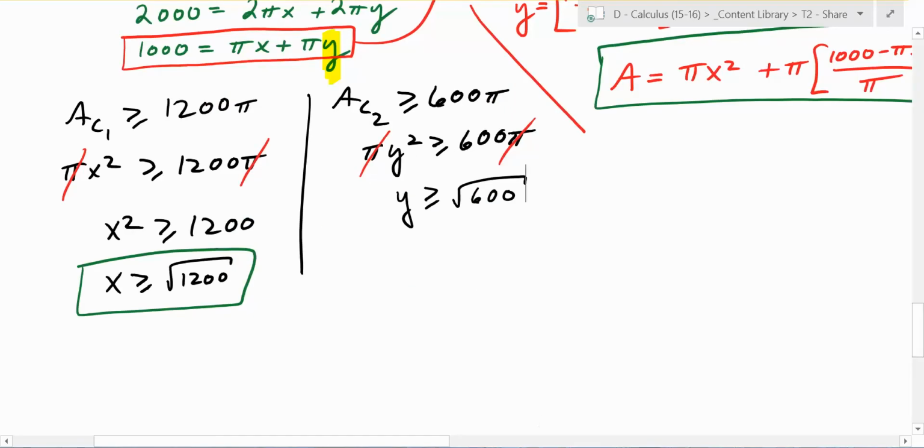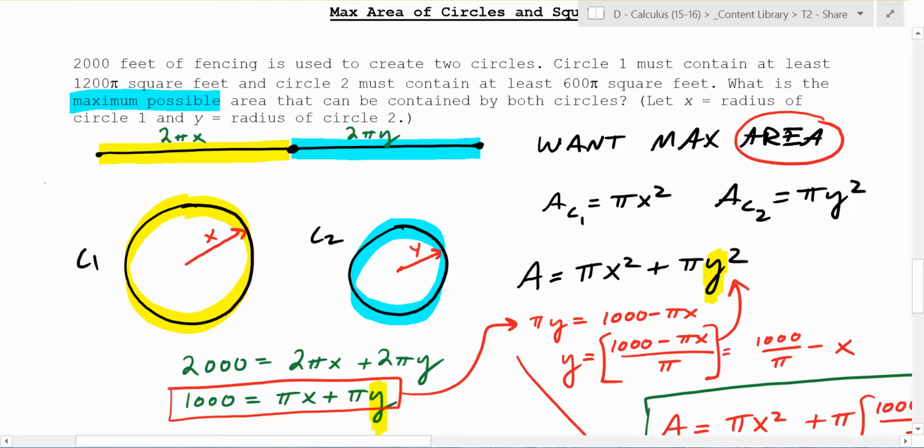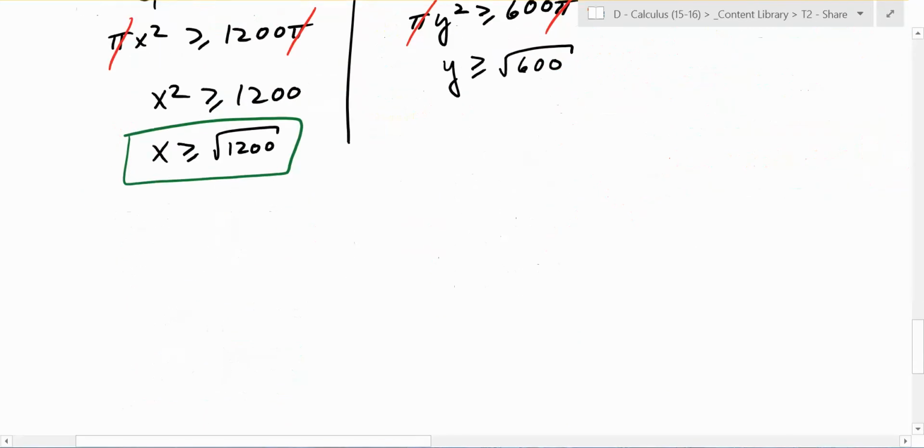Our restriction, you have to be very careful about it, is this, again, this represents circumference, written poorly, right? So the max, so x has to be greater than or equal to the square root of 1200, but it also has to be less than or equal to 1000 over pi minus the square root of 600. Exactly.